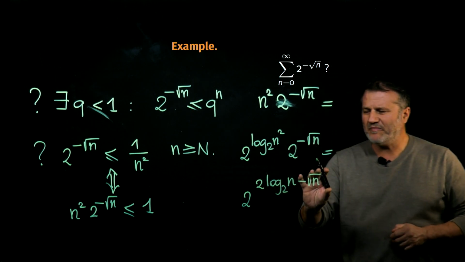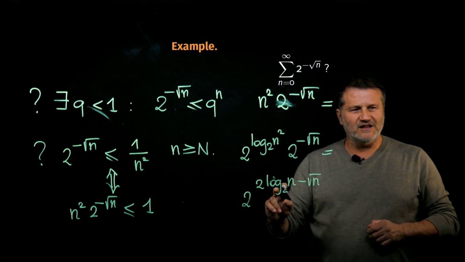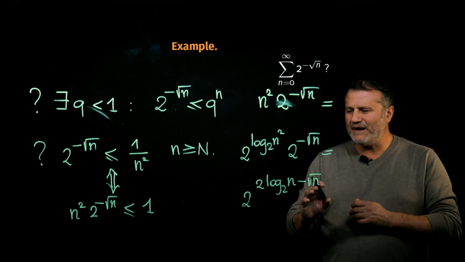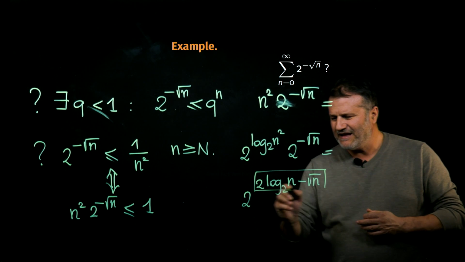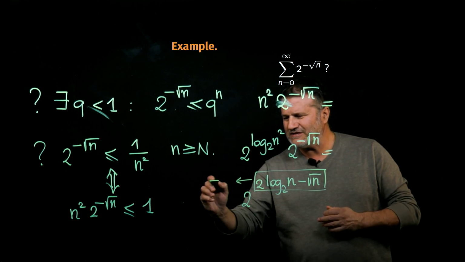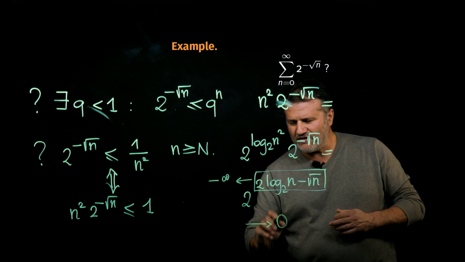Now, root of n is a power, with exponent 1/2, that dominates the log at infinity because of the comparison logarithm versus powers. So the exponent here clearly goes to minus infinity, and therefore the exponential will go to 0.